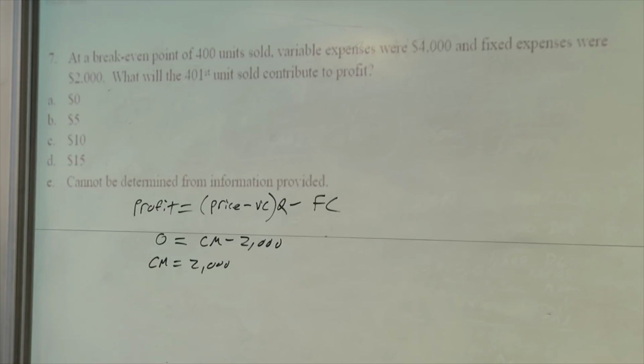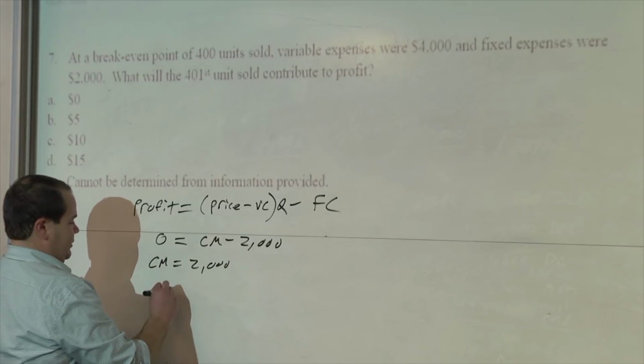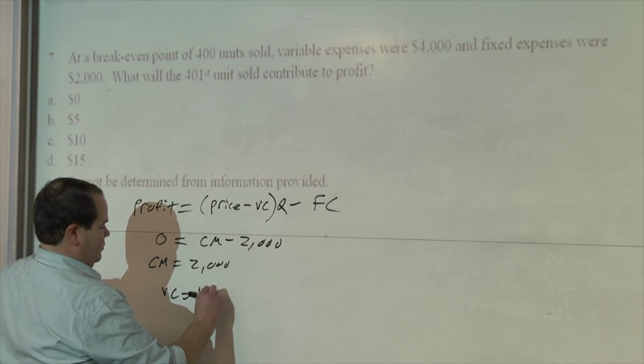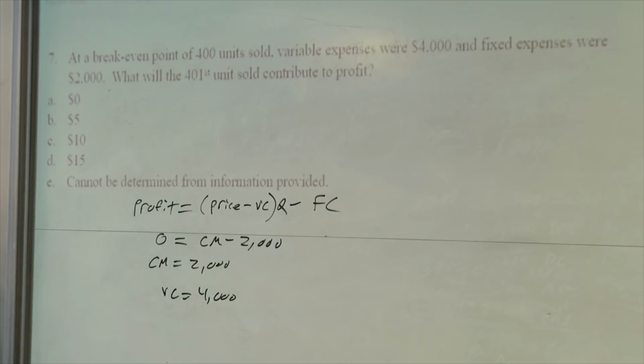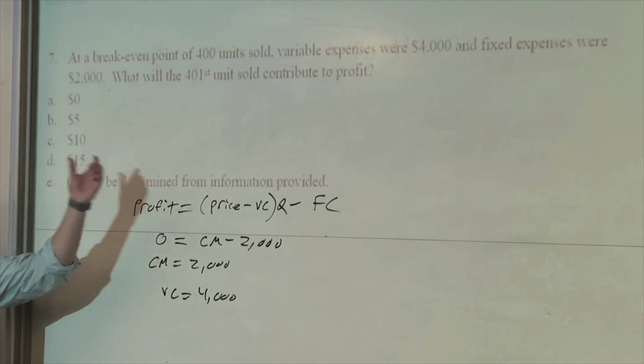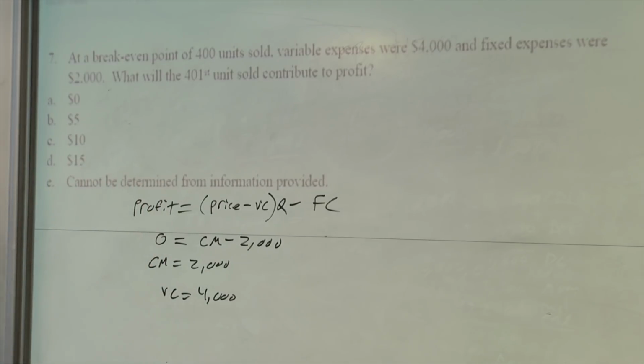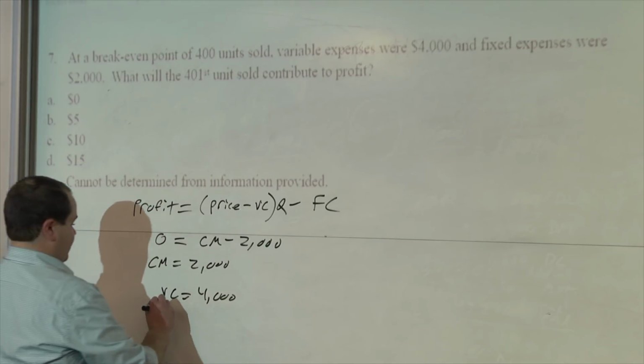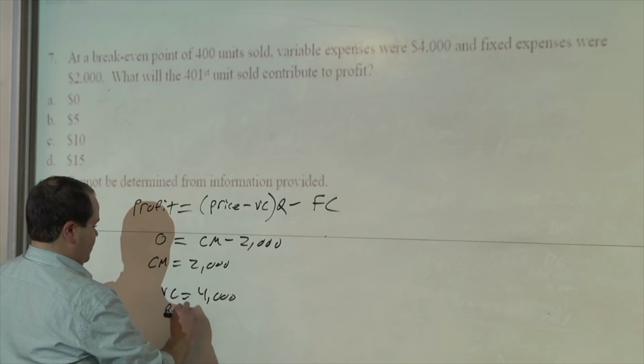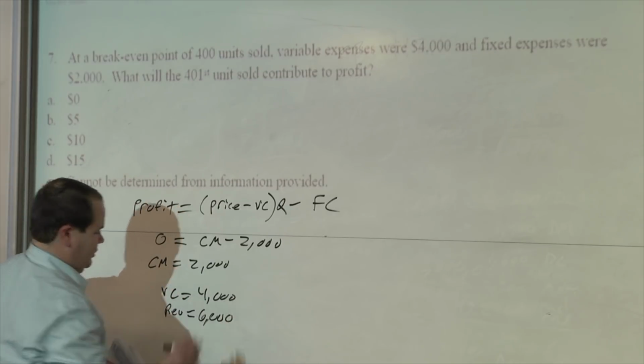So if our contribution margin is 2,000, let's remember variable costs is equal to 4,000, right? What that's telling us is when we take our revenue minus our variable costs, we end up with a contribution margin of 2,000. So what does that say? That means revenue is equal to 6,000.